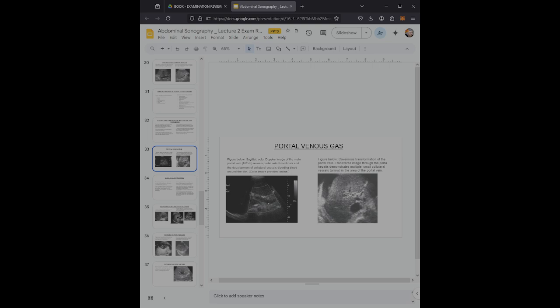The sonographic findings of portal venous gas are small, bright reflectors noted within circulating blood inside the portal vein, and larger air collections may produce a ring-down artifact, and we talked about the ring-down artifact in the previous lecture. Care should be taken not to confuse portal venous gas with pneumobilia, and pneumobilia is air within the biliary tract.